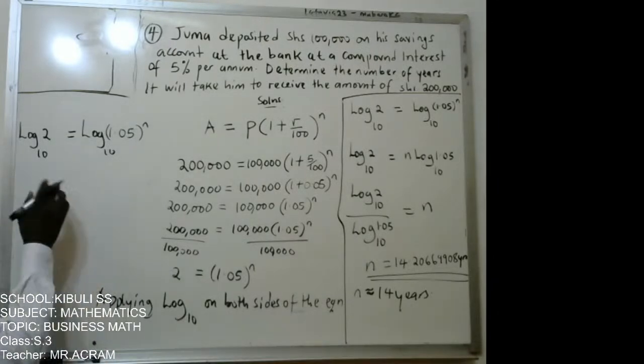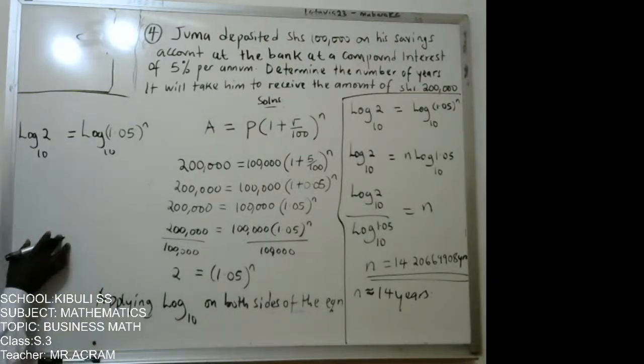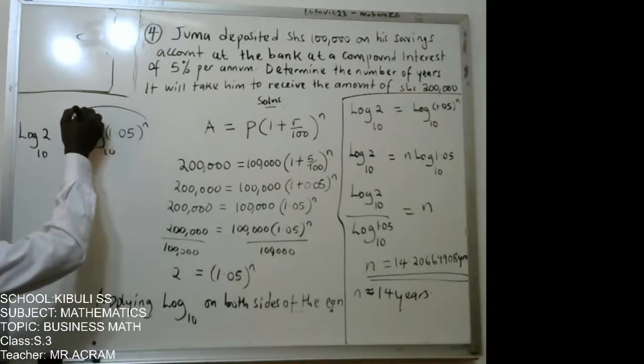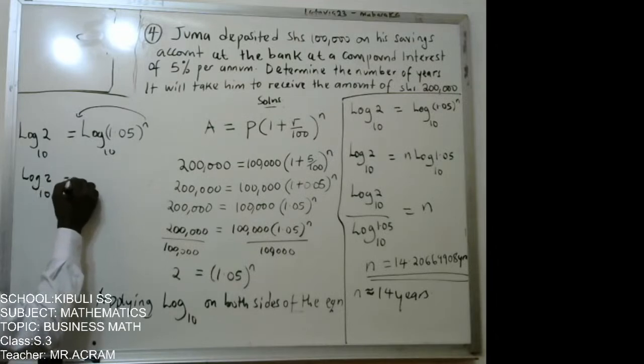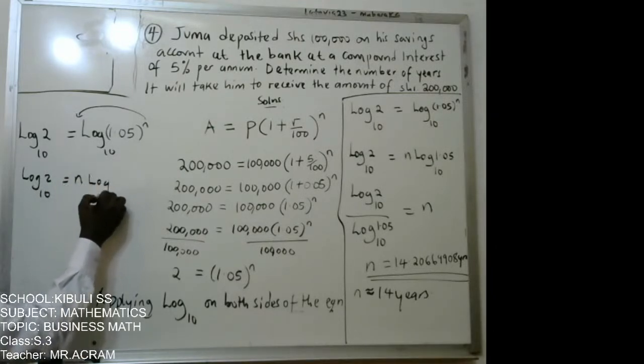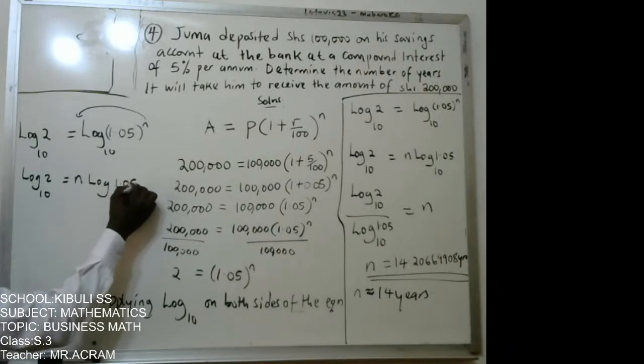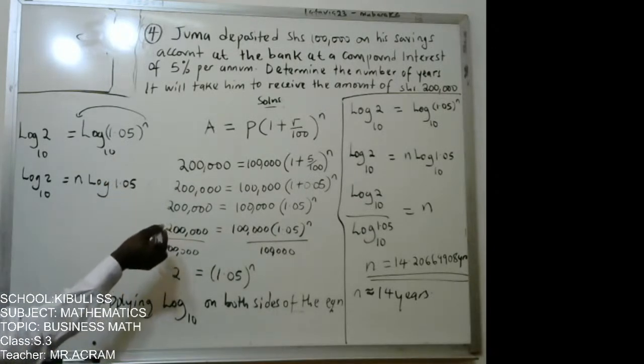Then I'm looking for n. I get log of 2 base 10 equals n log of 1.05. This one is no longer in brackets because there is no power.